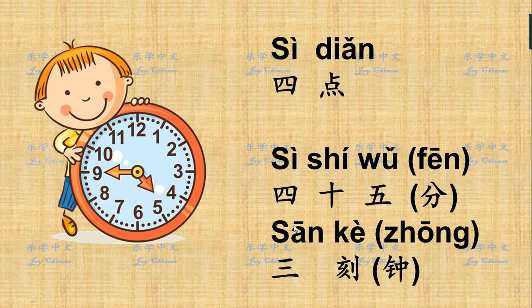Another way to mention 45 minutes is 3刻, which means 3/4 of an hour. 3刻钟. Again, this 钟 can be omitted. You don't necessarily have to say 钟. 3刻. Two ways to mention this time: 4点45分 or 4点3刻.